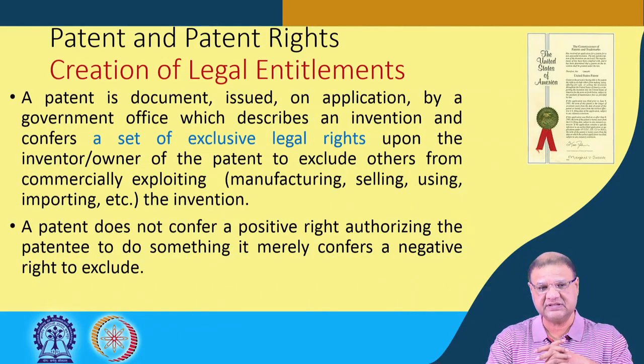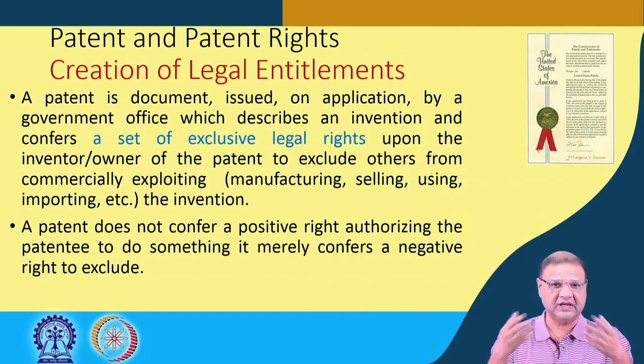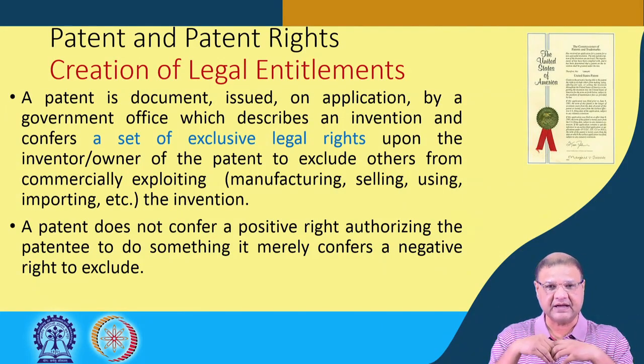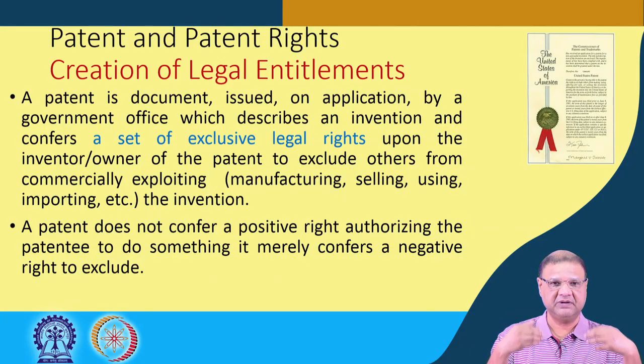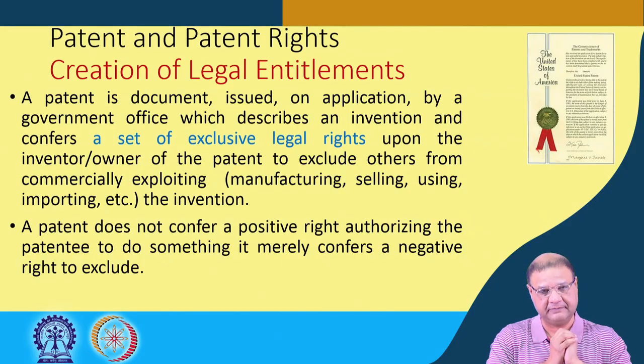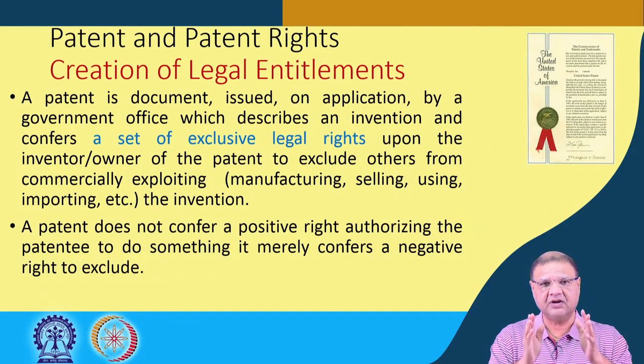Now, the question is this: if the second patent holder is given an exclusive right to do things, he will start selling a chair with a backrest, a sitting platform, a handrest and also a reclining feature, and he would be infringing the prior patent.